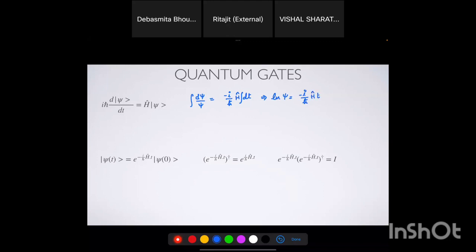From there, if I start at time 0 and use this operator on the state psi at 0, we get the state psi at time t. So this is how we have evolved the qubit. This is something we can call a quantum gate.